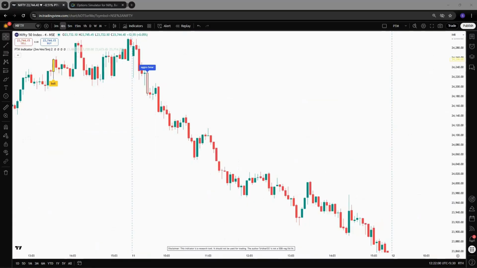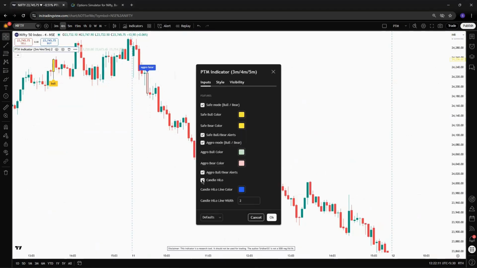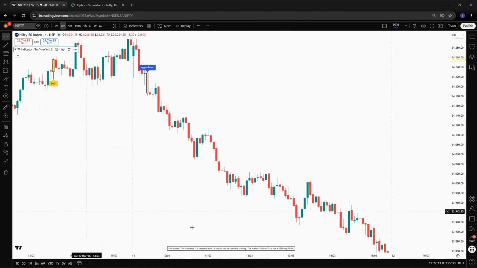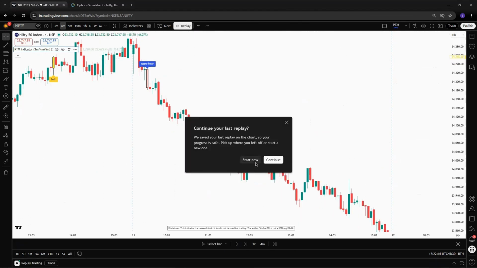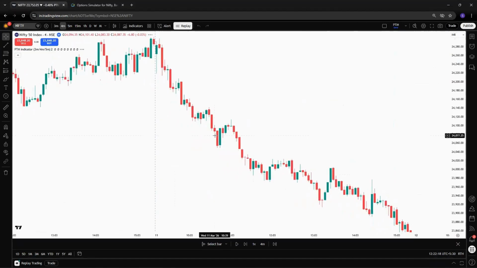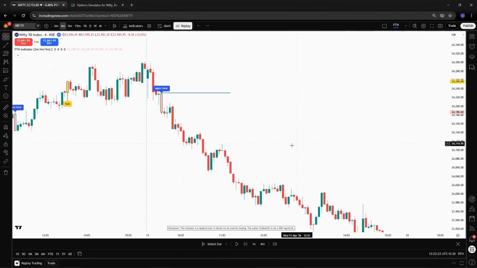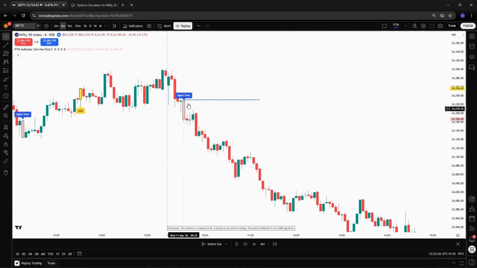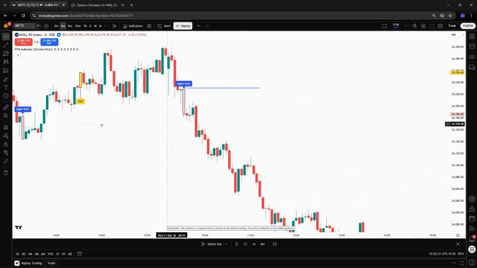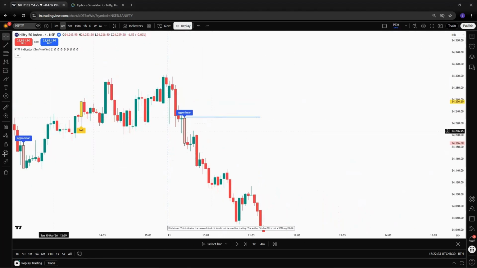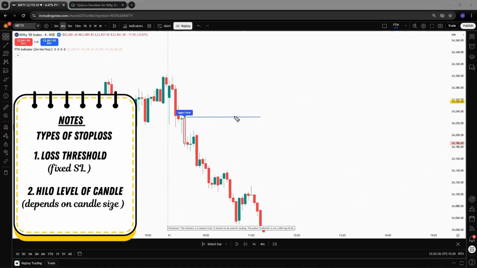Now, the question is, what is my stop loss? Simple rule which I told you earlier. The first kind of stop loss is your candle high low. Suppose it's a bear candle, the high of the candle is one kind of SL. So there are two kinds of SLs here, very simple.